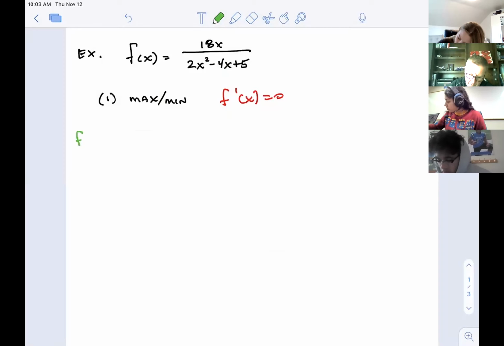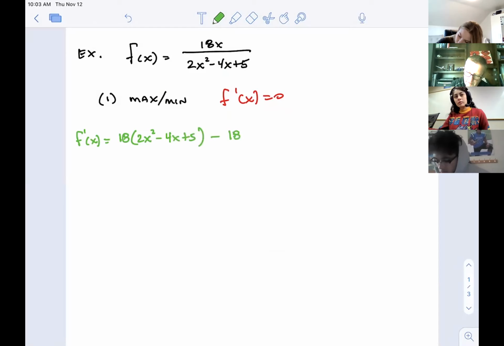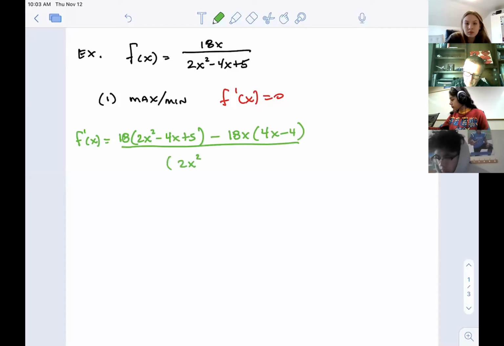And so the derivative is the derivative of the top times the bottom left alone, minus the top left alone times the derivative of the bottom. That's not too terrible. All divided by the bottom squared. Well, it's already a squared equation, so now it's even squared beyond that. That's kind of messy.